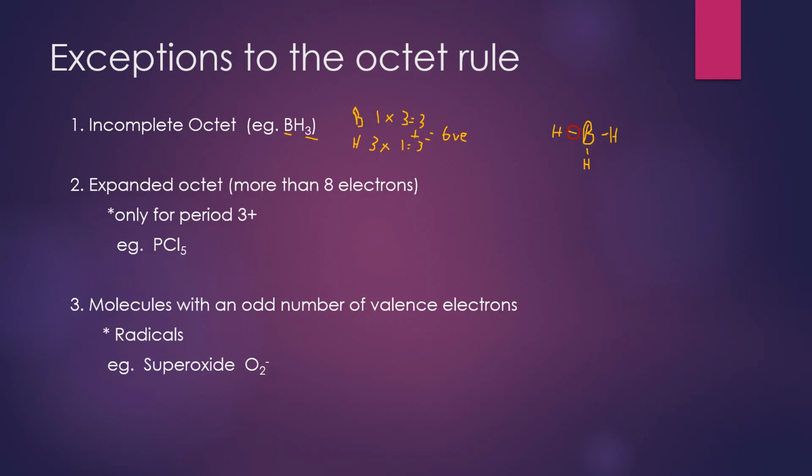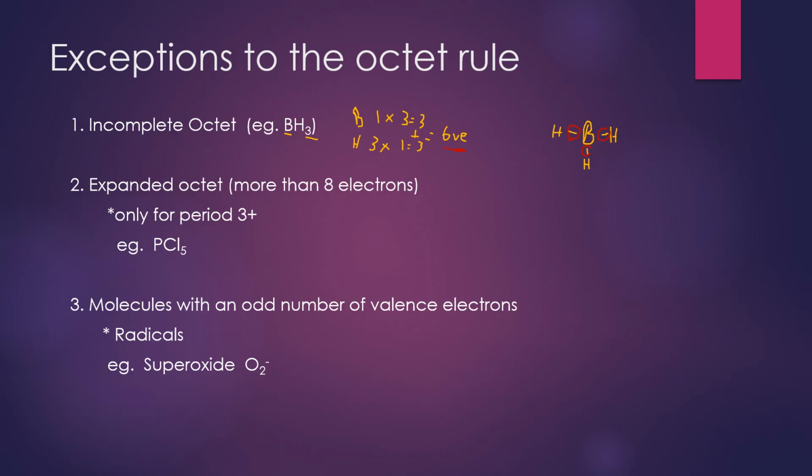They're happy. Okay, well the next goal is to make this central atom happy. In this case, boron. But if I look, I've used 2, 4, 6 electrons. I've used all 6 that I have available to me with those 3 single bonds.